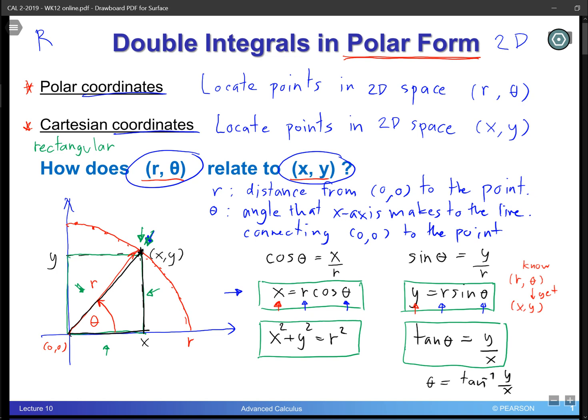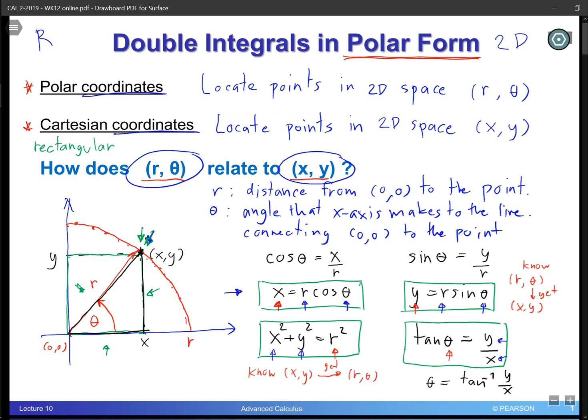But down here, it's going to be the opposite. If you know x and y, you can compute r. If you know x and y, you can compute theta. So here, instead of knowing r and theta, you know x and y, and then you get the r and theta from the equations.